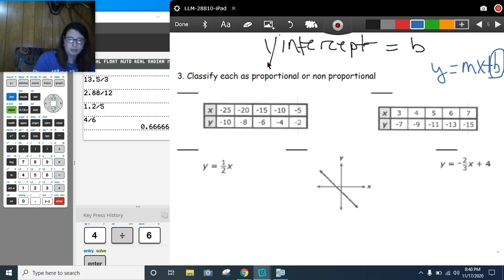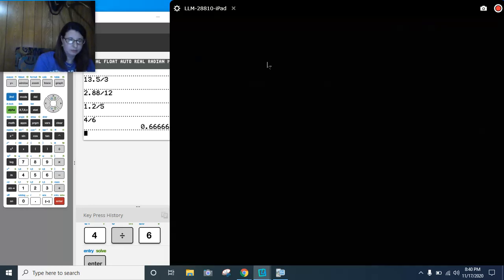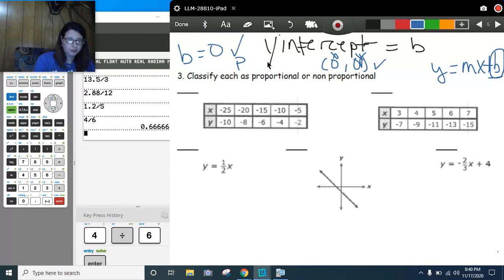This b is the important part. If b is equal to 0, then it is proportional. If b is anything other than 0, it's not proportional. That means when our x is 0 and our y is 0, it's proportional. If our x is anything else, or our y is anything else, it's non-proportional.